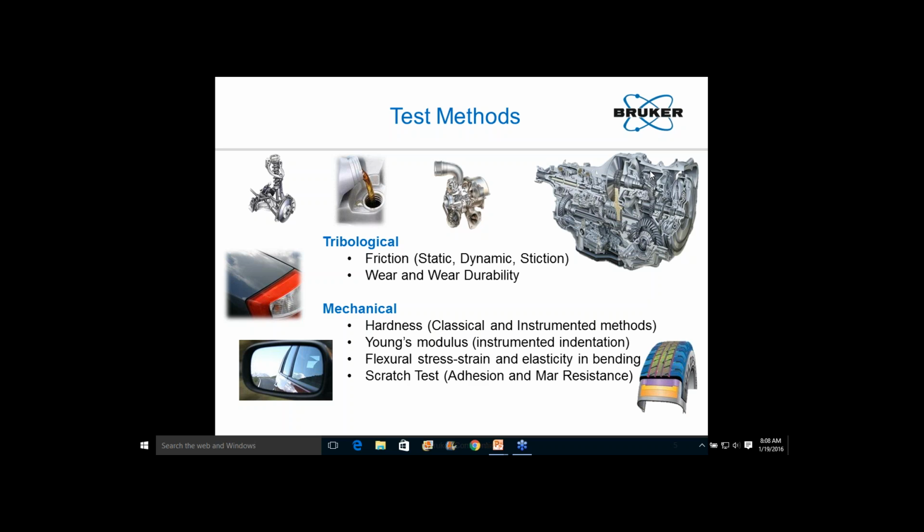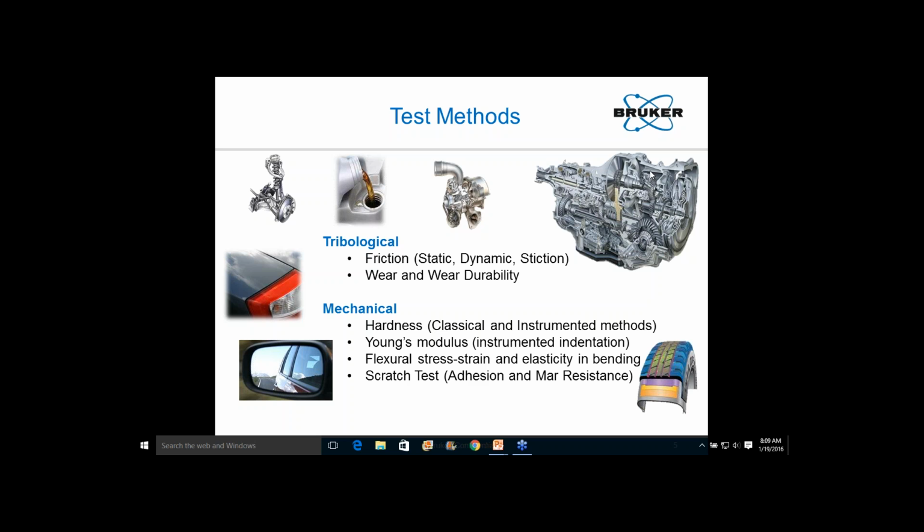It includes hardness, which is done by classical hardness methods, which I'll explain again in subsequent slides in the section where I deal with mechanical properties evaluation. Hardness can also be obtained, more recently, about 15 to 20 years back, using instrumented hardness testing methods.